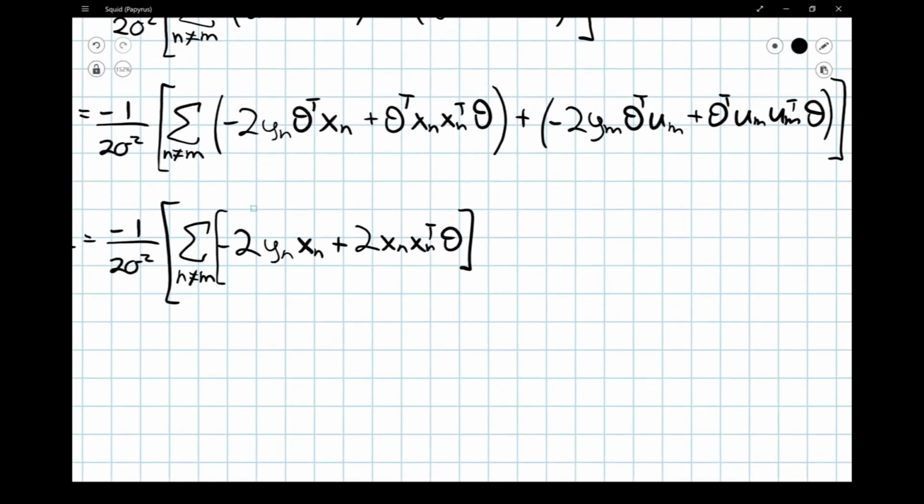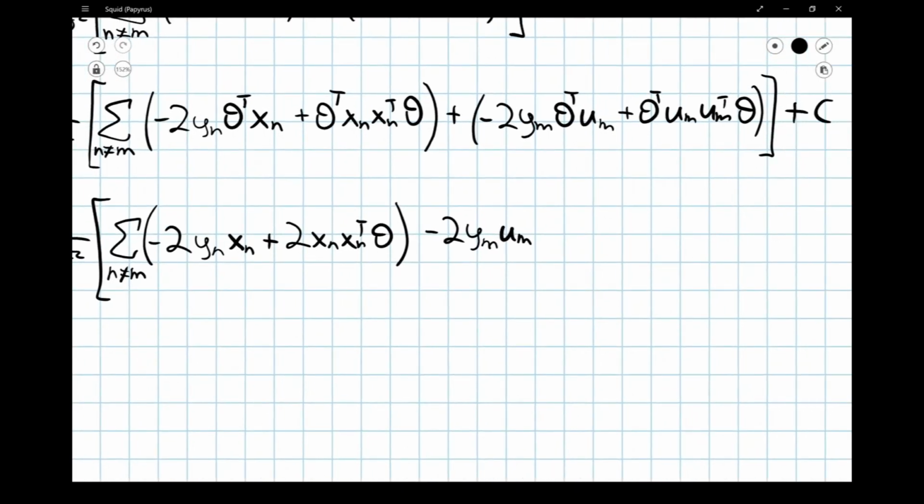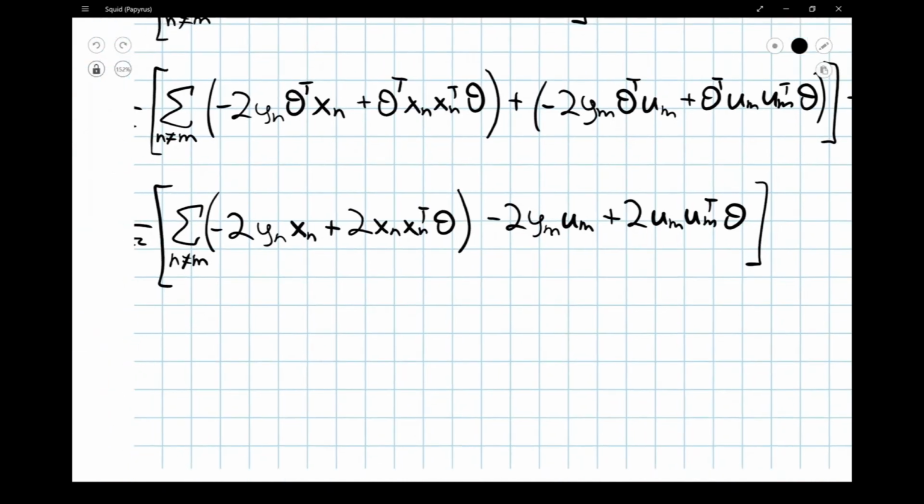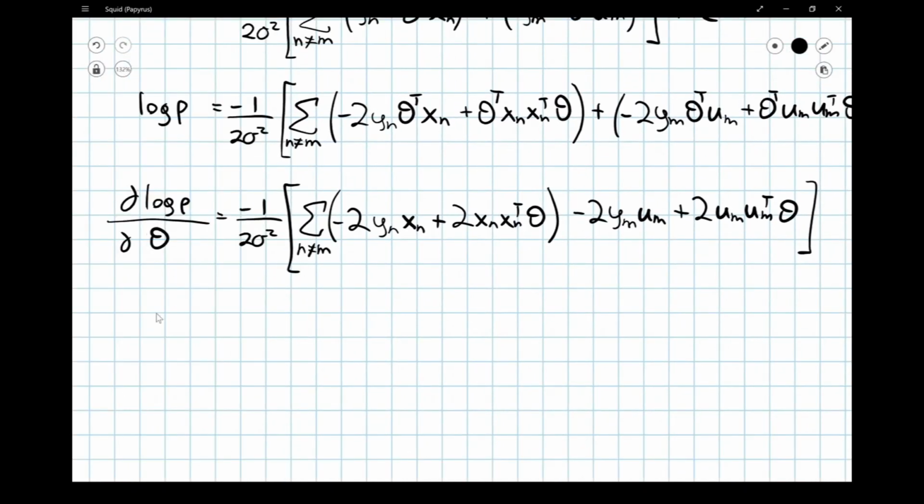And then all the same tricks apply to this stuff over here. So we have a minus 2, it'll be a ym, plus 2, and then that matrix transposed, all multiplied by theta. And our constant has disappeared because we've taken the differential.